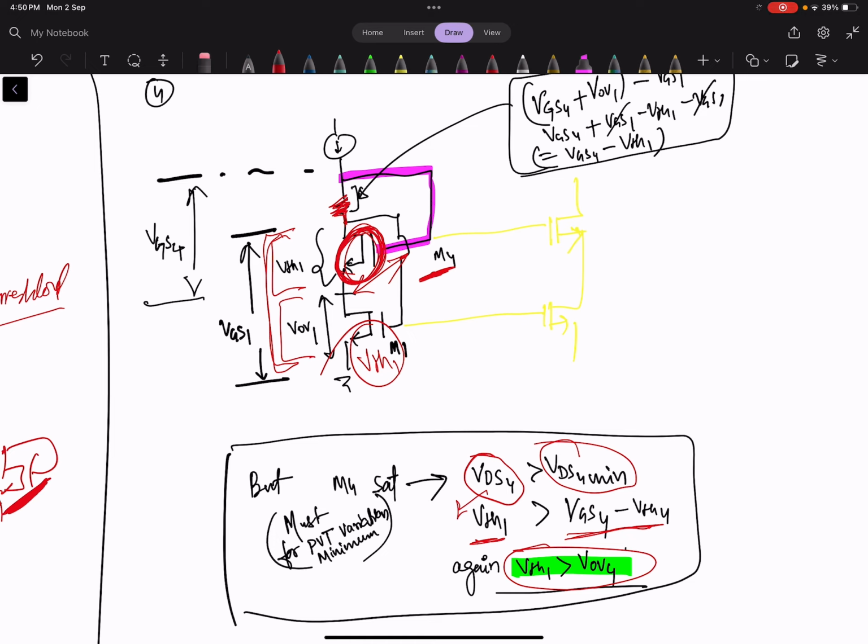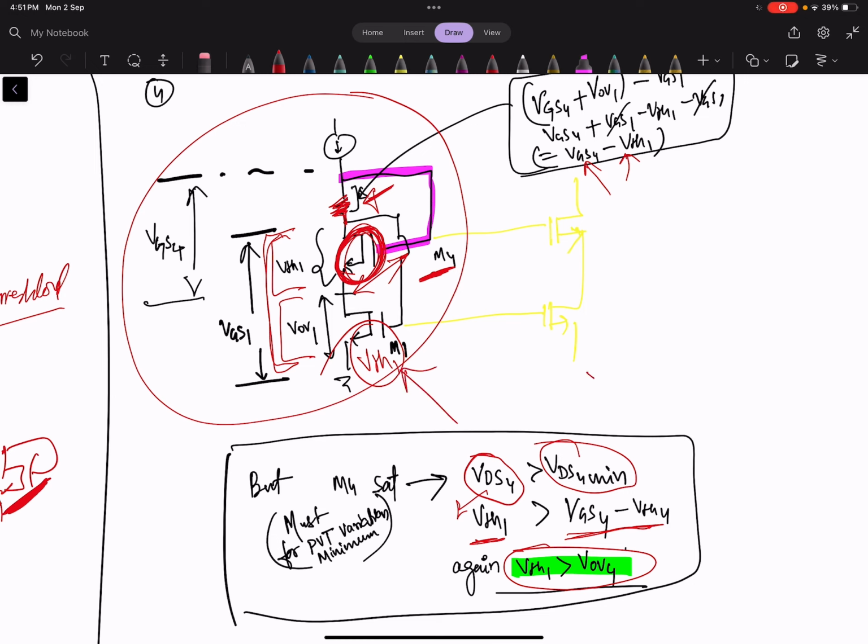Also, if you see, the drop across this resistance is VGS4 minus VTH1. So yes, we can use this section as a current reference circuit, but the condition is we have to make VTH of M1 greater than the overdrive voltage of M4.